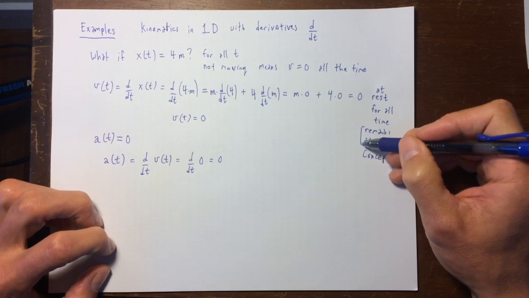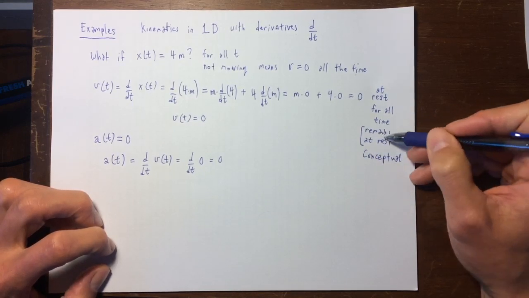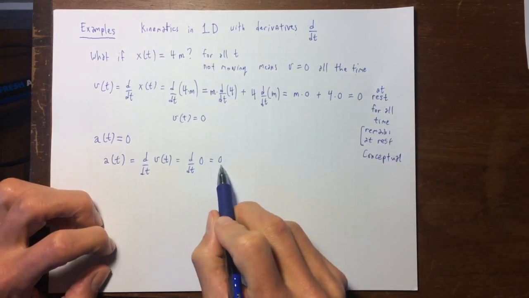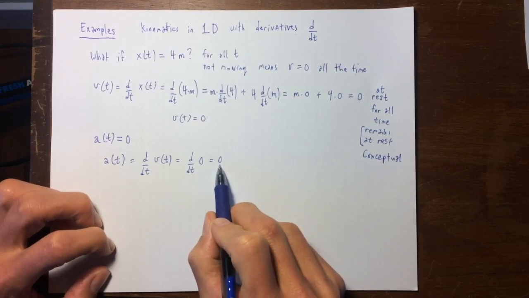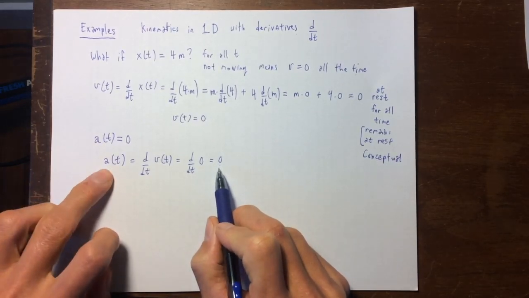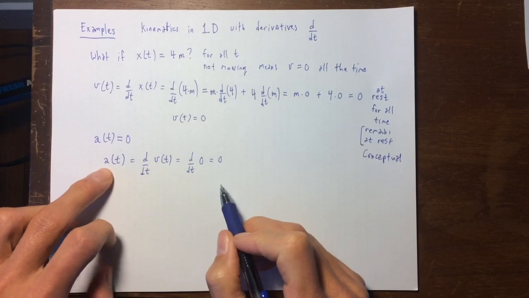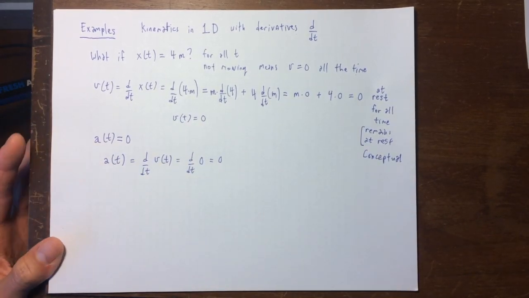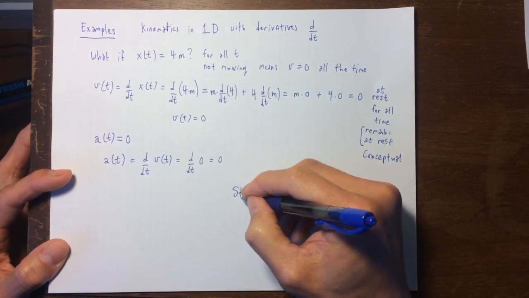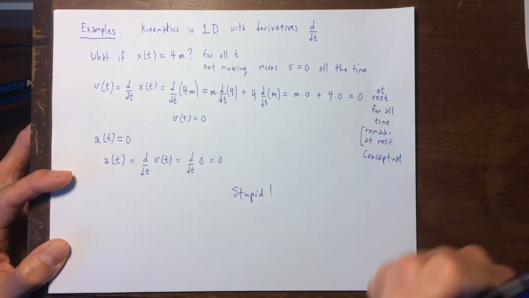In this case, the velocity was remaining a certain value. So whenever the velocity remains a certain value and doesn't change, that means that the acceleration has value 0. Okay, so stupid example. Let me write the word stupid.